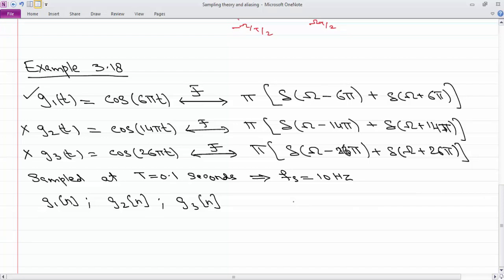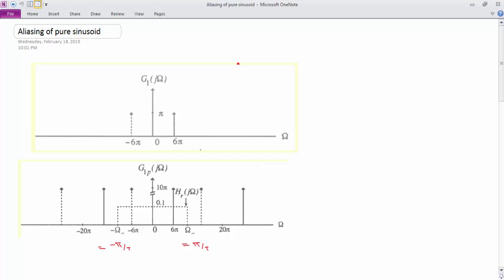We want to understand the folding phenomenon, and to understand that phenomenon better, we'll look at again that periodic repetition expression that we have been working with. Okay, so this is the case of the first sinusoid. This is your Fourier transform of your original sinusoid. And then this is the Fourier transform of your impulse sampled signal.